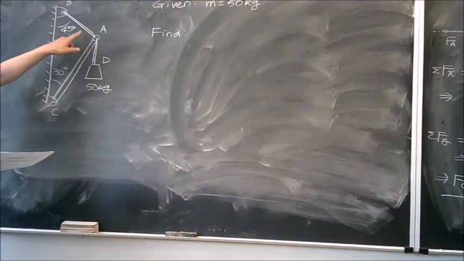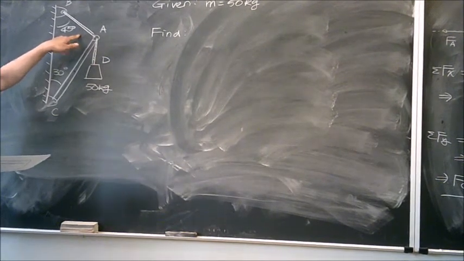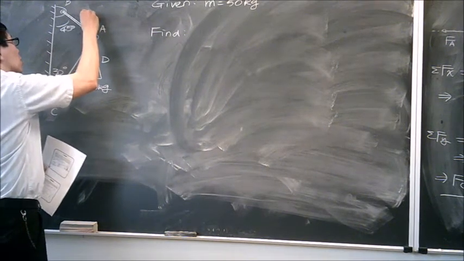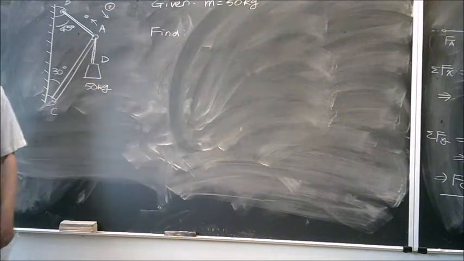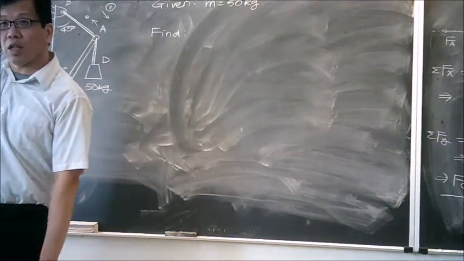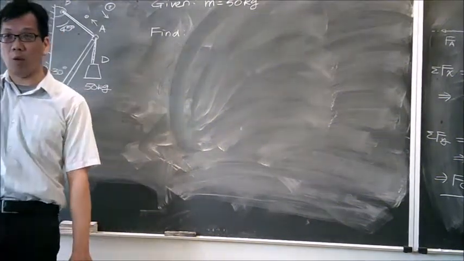So this is the cable. Are we going to have a force in this direction, let's name this 1, or in this direction, 2? 1 or 2? How many say 1? How many say 2? It's going to be 1. Why?